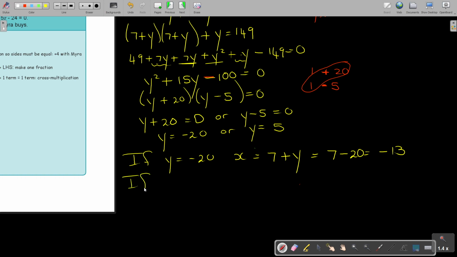And if y is equal to 5, then x is equal to 7 plus 5, and that is going to be 12.